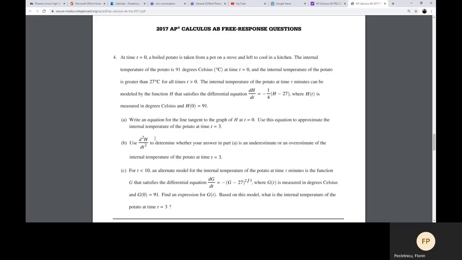We need to find an expression for g of t, and based on this model, we need to find the internal temperature of the potato at time t equals 3 minutes. So somehow, if we can, we'll compare this value we find for the internal temperature with the function g at subpoint C with the estimate at subpoint A.